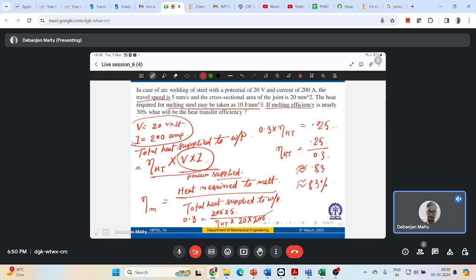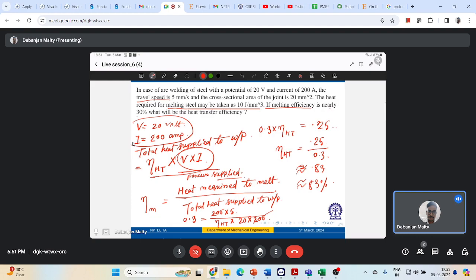So what is melting efficiency actually? That is the ability of my heat source to melt the base metal. If you are using some filler metal, you need to melt the base metal along with your filler metal, right?